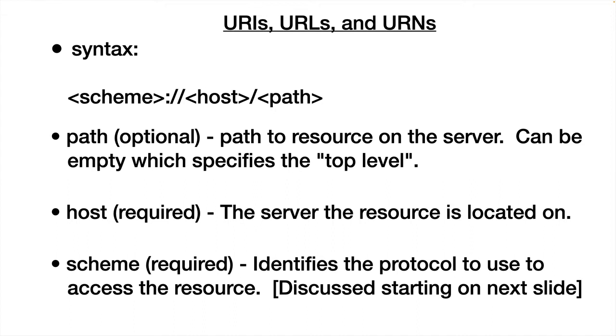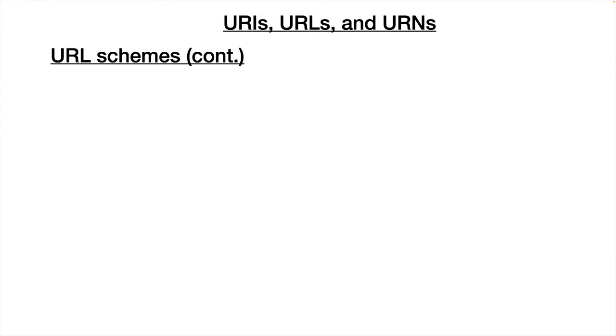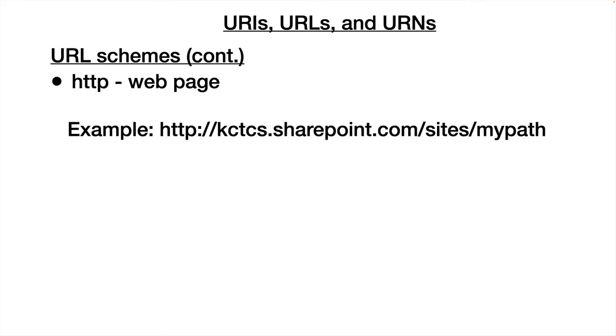We're going to talk about a bunch of schemes starting on the next slide that you can have in a URL. So we've already talked about HTTP. This is a web page. Here's an example for students to get to my path on the KCTCS SharePoint server.